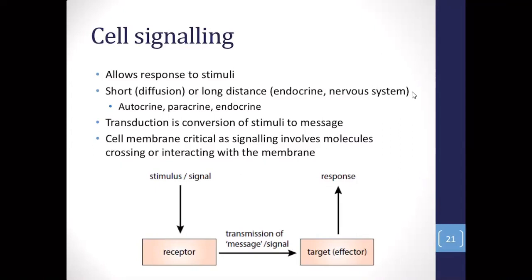Okay? For example, if we fit this example in, which one? The example of insulin. And let's do glucagon, okay? Now the stimulus is that your blood glucose is falling.